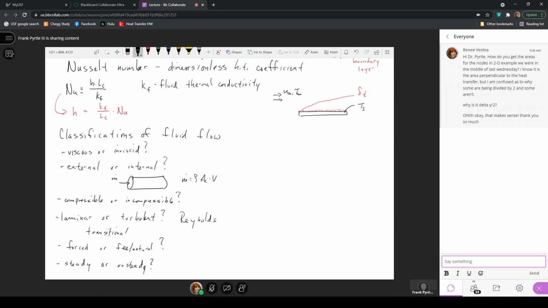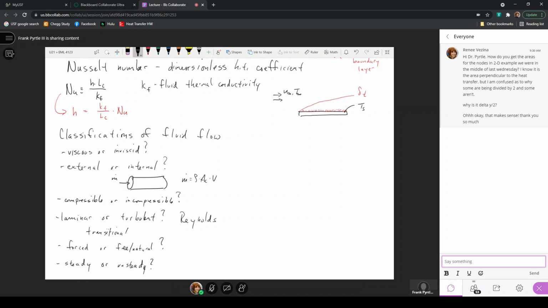Or in our case, if we're doing a thermal analysis, the temperature of the fluid can vary throughout as a function of position, but the temperature is not varying as a function of time when it's steady. And if it's unsteady, it's just the opposite of that. It just means that the temperature does vary as a function of time, or the velocity does vary as a function of time. Now, if we say it's uniform, uniform just says the temperature everywhere with respect to position would be the same, or velocity would be everywhere the same.